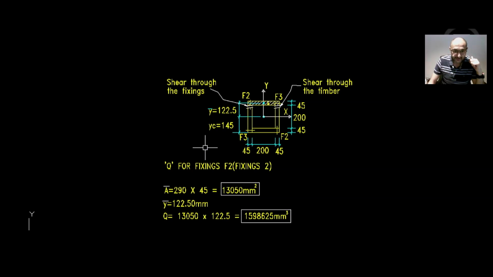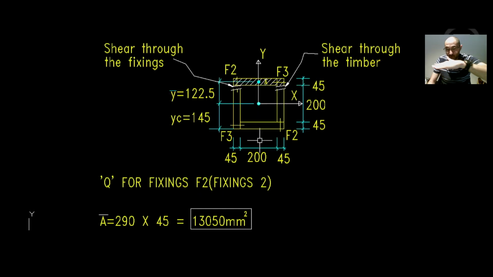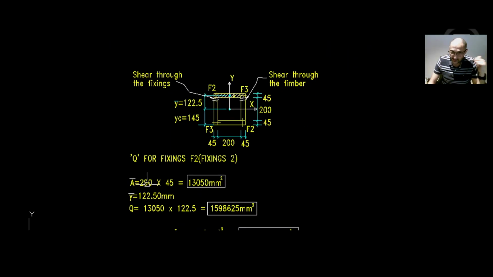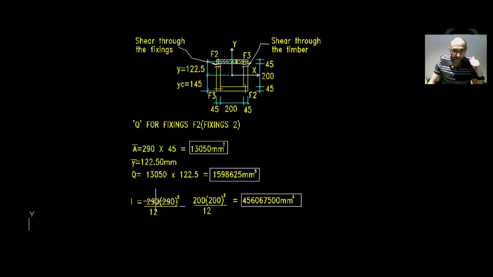So A bar in this case will be 290 by 45, same as the previous example in option A. But then the other question we ask is, how many shear cuts did we go above the x-axis? Only one shear cut that went right through, just one. So Y bar in this case is the same as the previous example, 122.5, everything is the same.